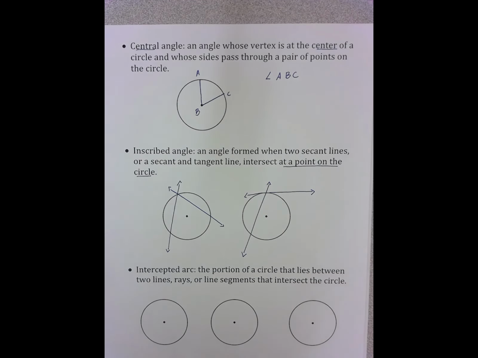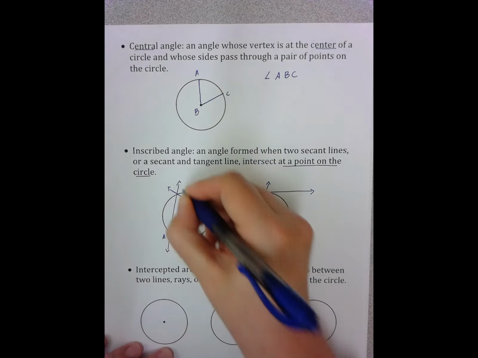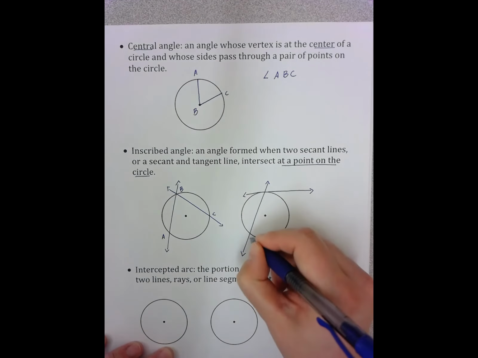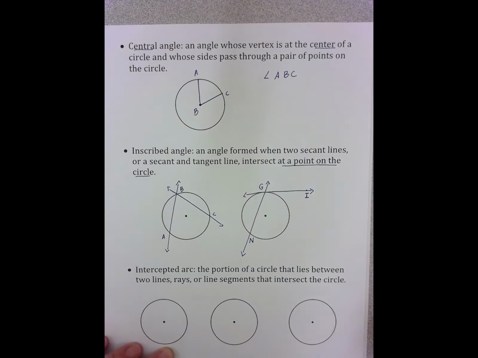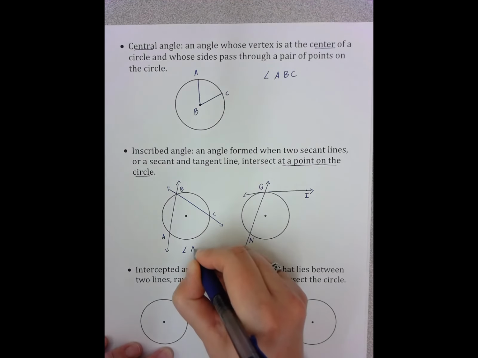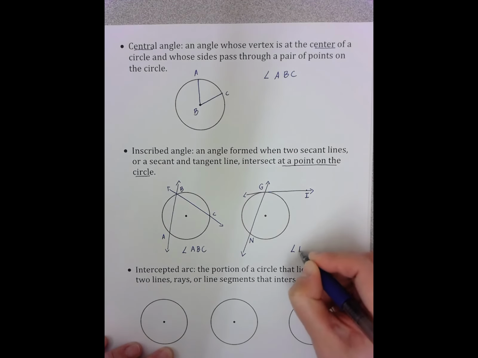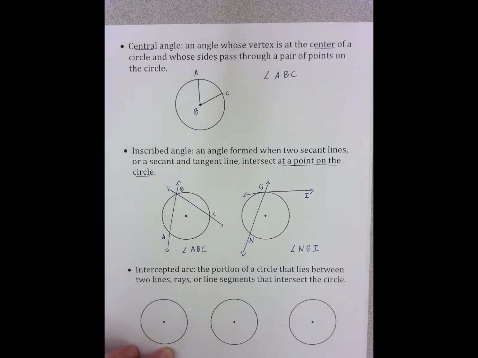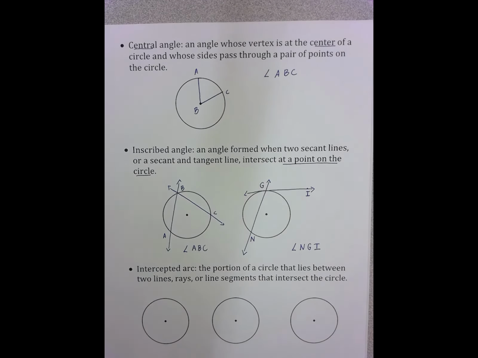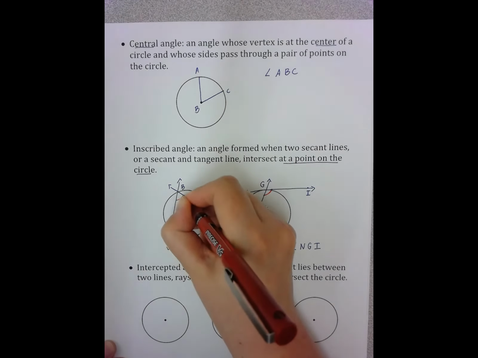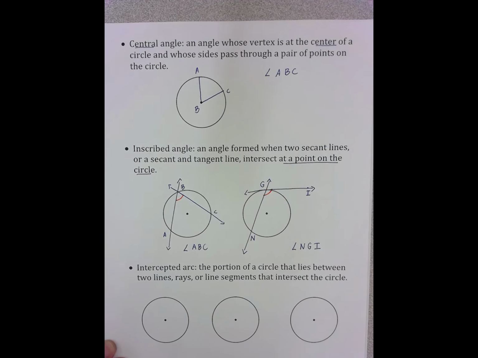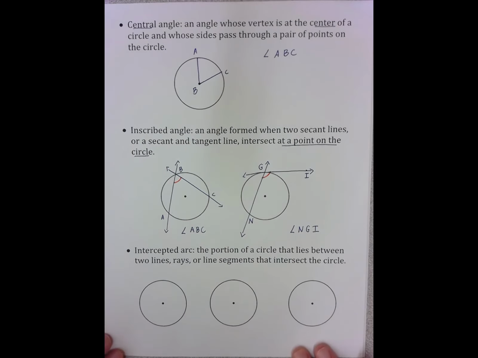There are lots of different ways to go about drawing inscribed angles. But again, the way we name these, ABC and NGI, is the same way we always have named angles. So this is angle ABC, and this would be angle NGI. Just to label them very clearly, this is angle NGI, and this is angle ABC.